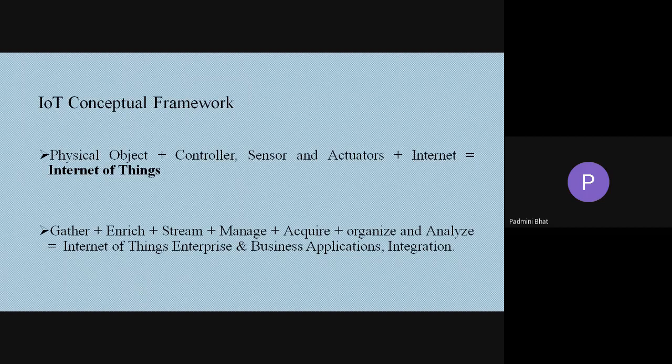In IBM's, they have defined it as first gather. What to gather? Data. Then enrich, if it is required. All these are not compulsory for all applications, but sometimes the acquired data is very feeble and also consists of noise, so you need to enrich the data and do suitable operations on it.